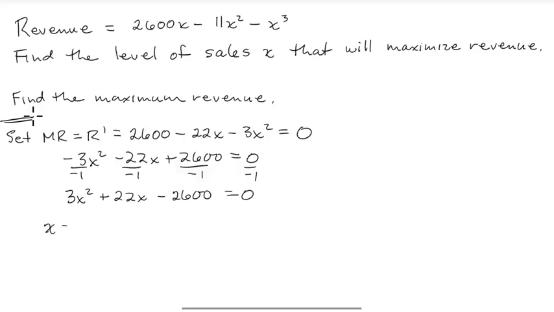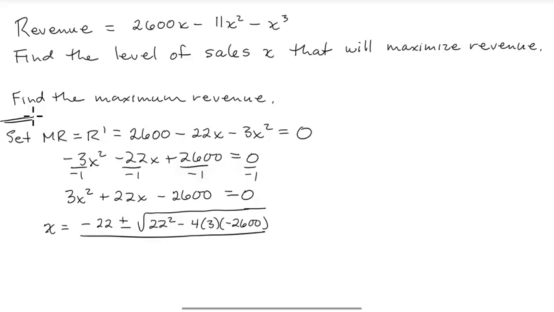Okay, so x will be opposite of 22 plus or minus square root of 22 squared minus 4 times a, which is 3, times negative 2600, all over 2 times 3. That gives us negative 22 plus or minus 178, all over 6.